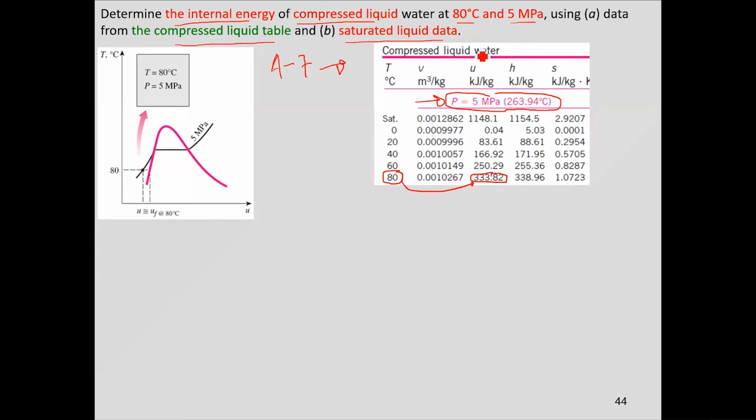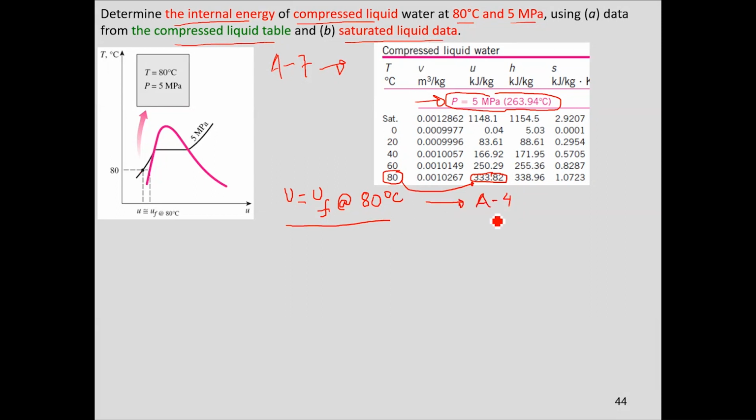This is finding the exact value from the compressed liquid table. In case you don't have the compressed liquid data and you have to go with the approximation, it says that internal energy can be approximated as the saturated liquid value of internal energy at the given temperature, which is 80 degrees centigrade. In that case, which table will you go to?